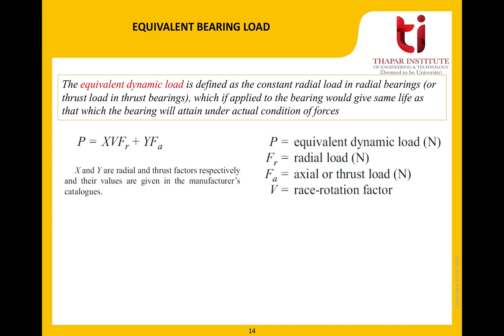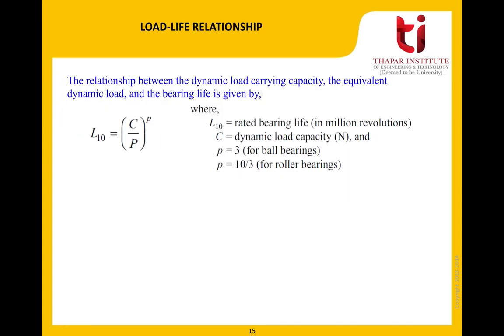Also, when the bearing is simply subjected to a pure radial load, this equation will simply reduce to P is equal to Fr. And when the bearing is subjected to pure thrust load, this equation simply reduces to P equal to Fa.